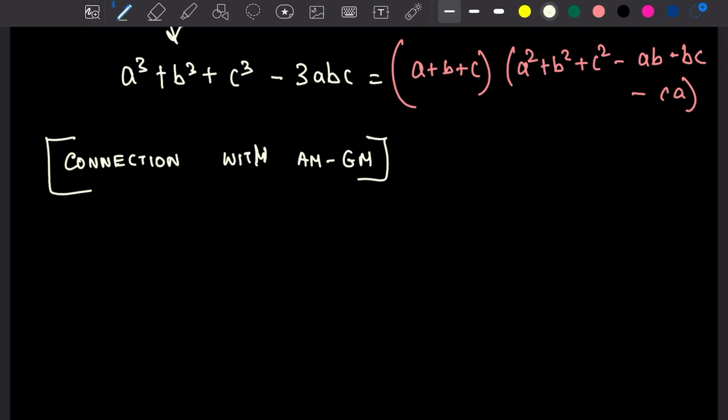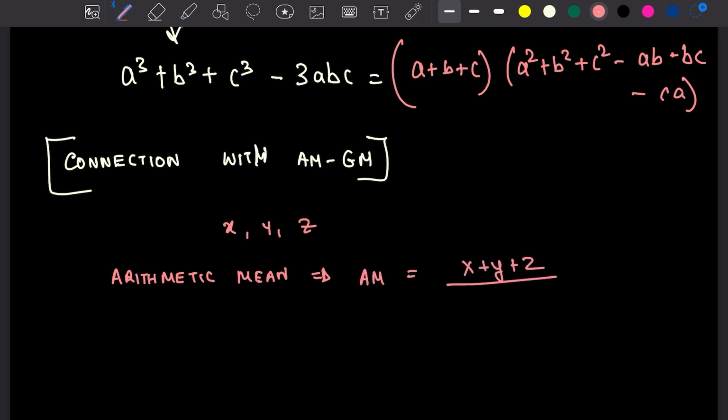Basically, if you have three numbers, x, y, and z, then the arithmetic mean, or AM, is equal to x plus y plus z divided by 3. Just the average of the three numbers.